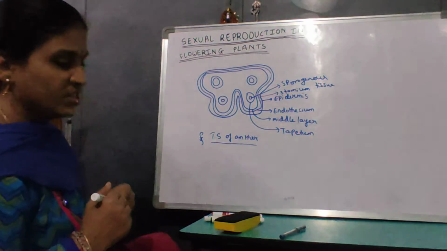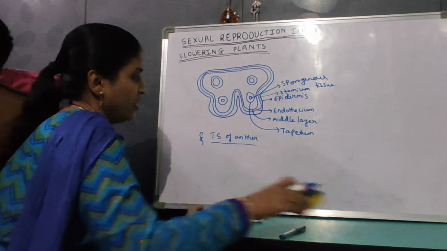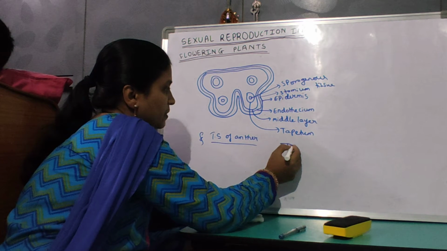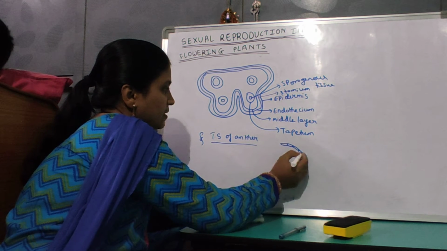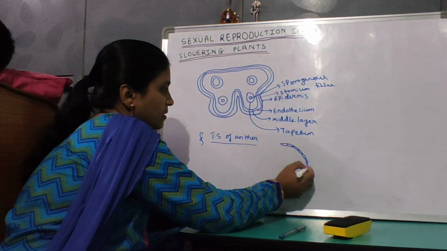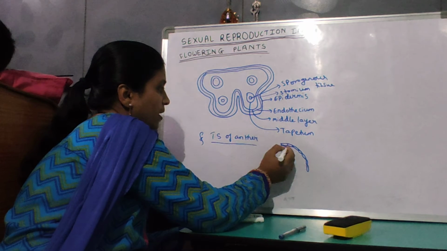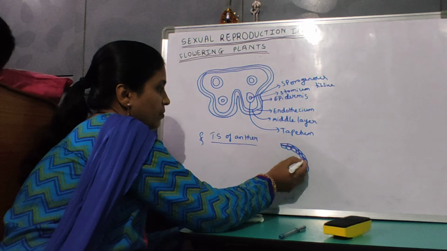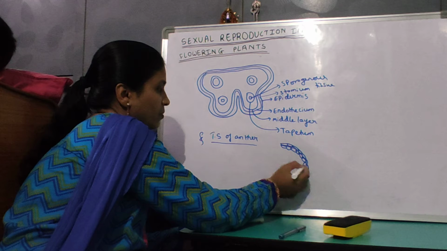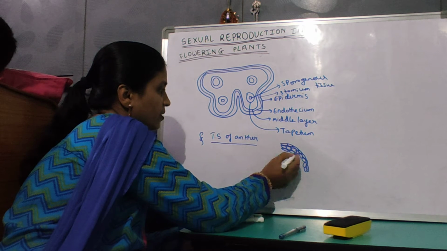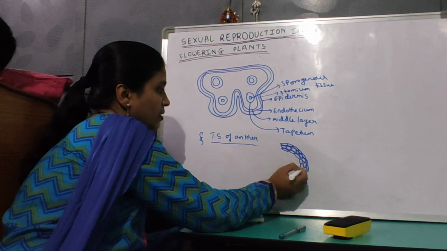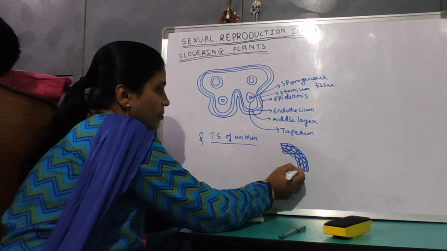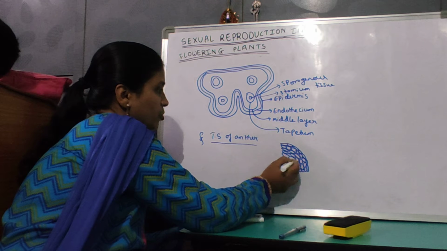If we see the detailed structure, the epidermis is a single cell thick, like this. Then the endothecium will be there, then the middle layer, then the tapetum, then the sporogenous tissue.